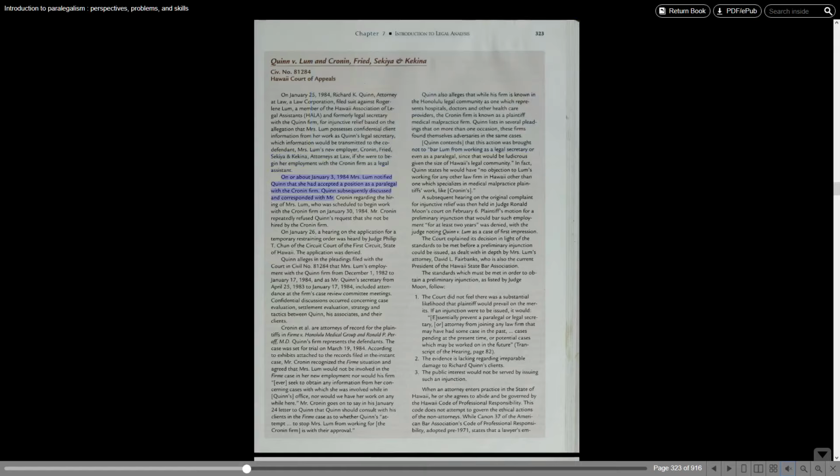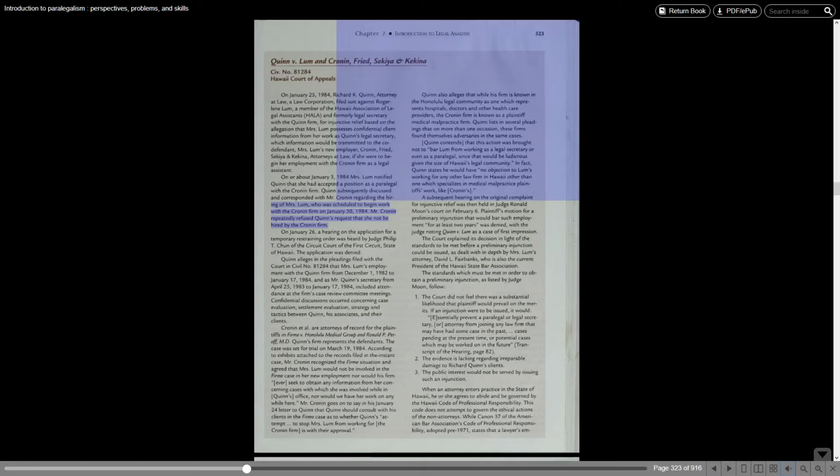On or about January 3, 1984, Mrs. Lum notified Quinn that she had accepted a position as a paralegal with the Cronin firm. Quinn subsequently discussed and corresponded with Mr. Cronin regarding the hiring of Mrs. Lum, who was scheduled to begin work with the Cronin firm on January 30, 1984.